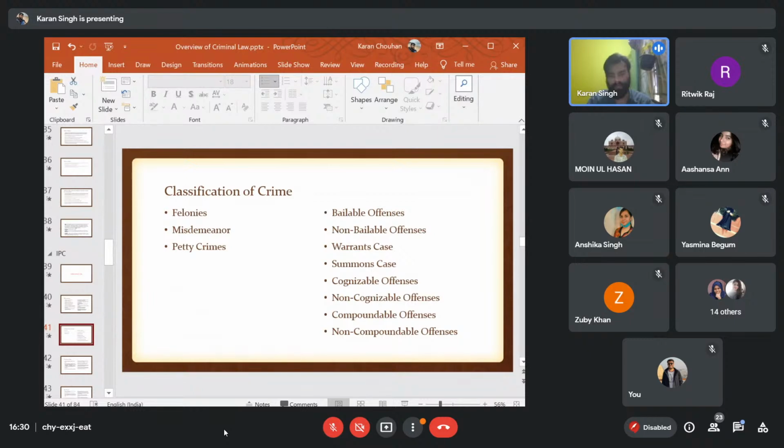Now, next is parties to crime. This is obviously not a classification of crimes; rather, it is about how we define the parties of a crime, because different terminologies are used. These terms are not defined in the IPC or CRPC, but for general purposes in criminal law, these words are used almost every time.